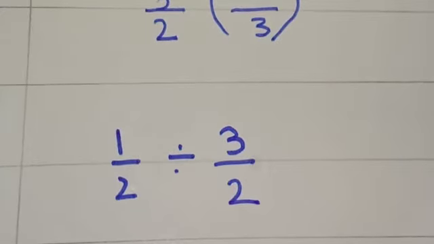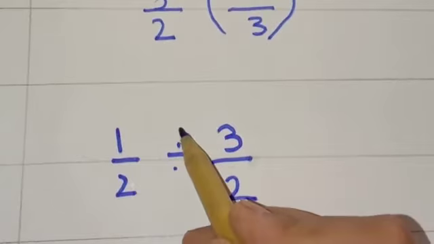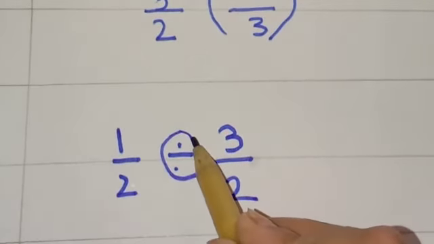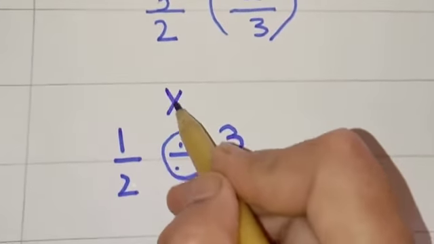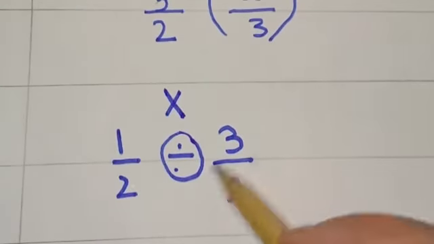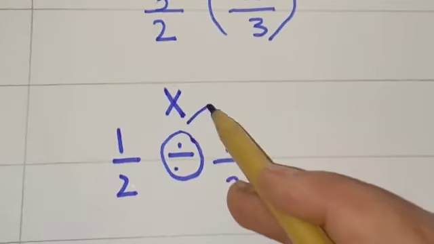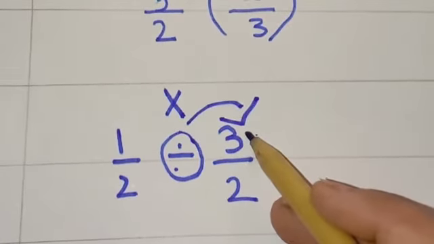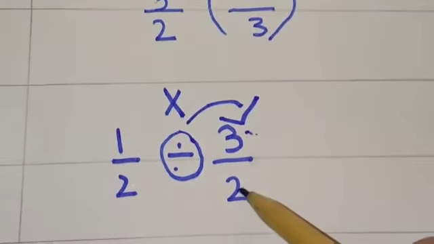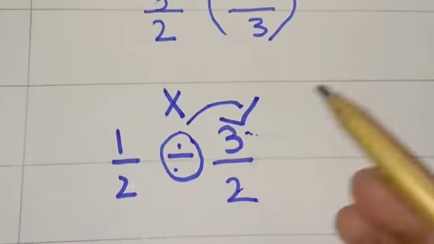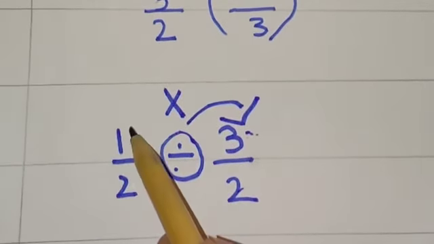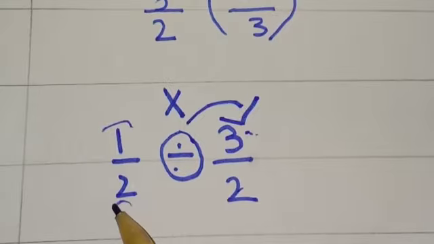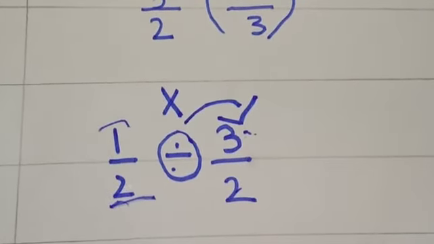So students, when we take reciprocal, the division sign changes into multiplication, and the term after the division sign will be upside down, meaning the denominator becomes the numerator and the numerator becomes the denominator. We will not do anything to the term before the division sign, right?